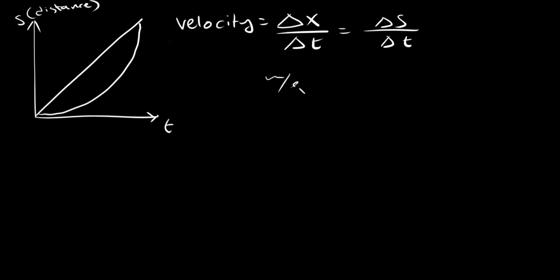Because meter per second, meter represents distance, second represents time. So the unit kind of gives it away, right? So this is our equation for the velocity. If I want an infinitesimal change, it's going to be ds over dt.